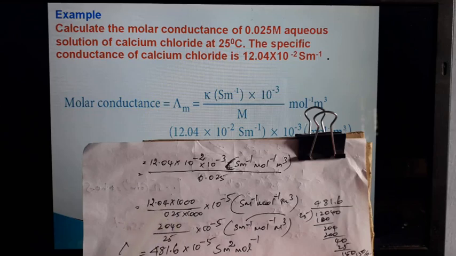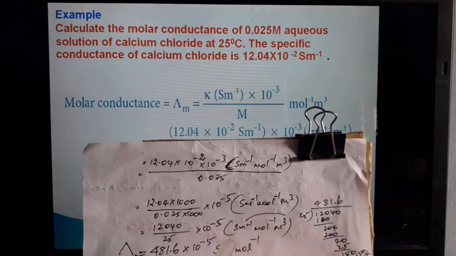So we get 1040 divided by 25 into 10 to the power of minus 5. In the unit, the meter cube power is deducted.